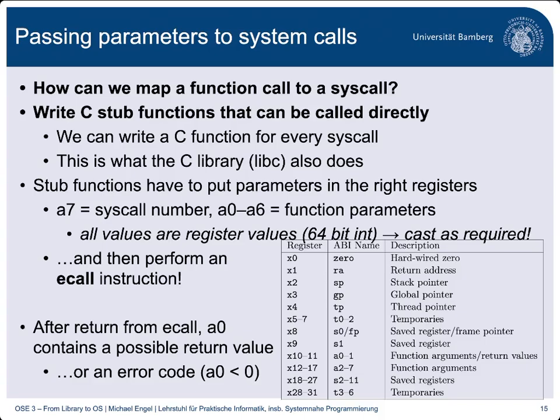So there's this stub code in the C library, which has the name fork, and then puts the parameters in the right registers, does an eCall with A7 on RISC-V set to the number 1 in this case, our system call number from xv6 for fork, and then does the eCall and handles the return value.